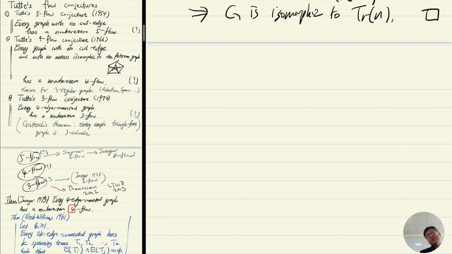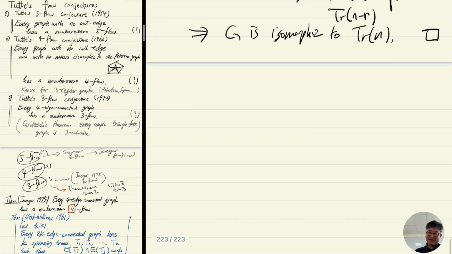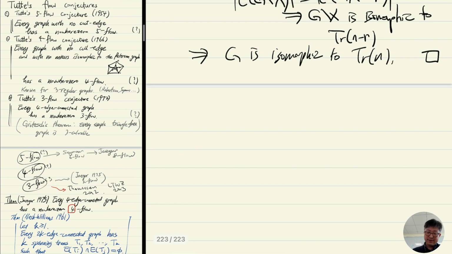Now, I will show you one application in combinatorial geometry. So here's a corollary due to Erdős.